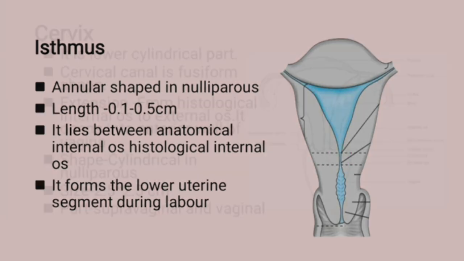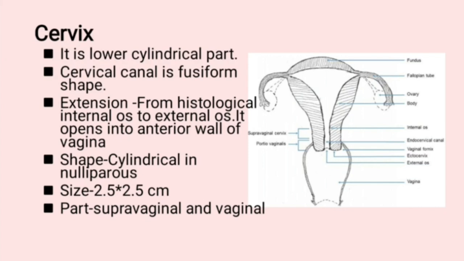Okay, the next slide. Cervix. The cervix is important because it is the exit of the uterine body and its lowermost part. It is a cylindrical part of the uterus. The cervical canal is fusiform shaped. It extends from the histological internal os to the external os, and it opens into the anterior wall of the vagina.